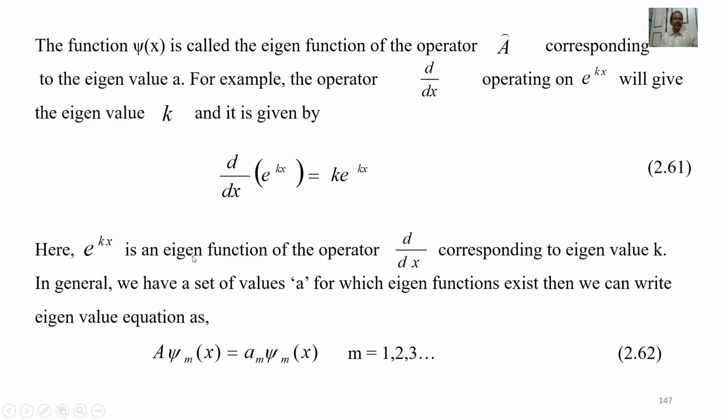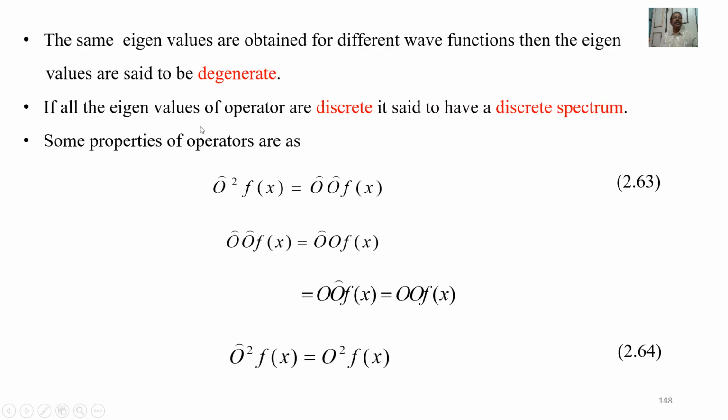In general, we have a set of values small a for which eigenfunctions exist. Then we can write the eigenvalue equation as follows. So this is for a single particle. If there exist many states, we can write A operator operating on psi m of x equals a m psi m of x, where m equals 1, 2, 3 and so on. If the same eigenvalue is obtained for different wave functions, then the eigenvalues are said to be degenerate.